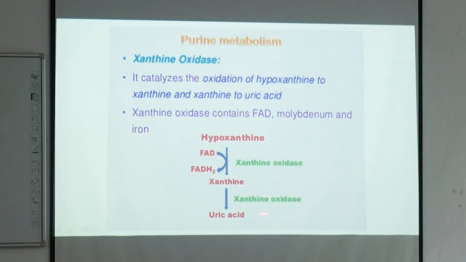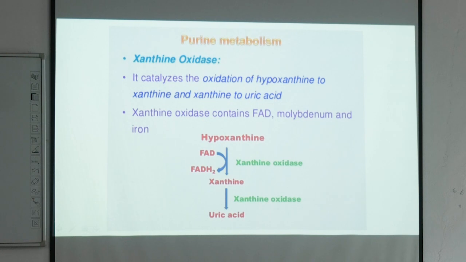Have you heard of this enzyme? Xanthine oxidase. This is important for uric acid production. In case of hyperuricemia, in the treatment of hyperuricemia, we target this enzyme, xanthine oxidase or XO. This contains multiple metal ions and also flavonoids.